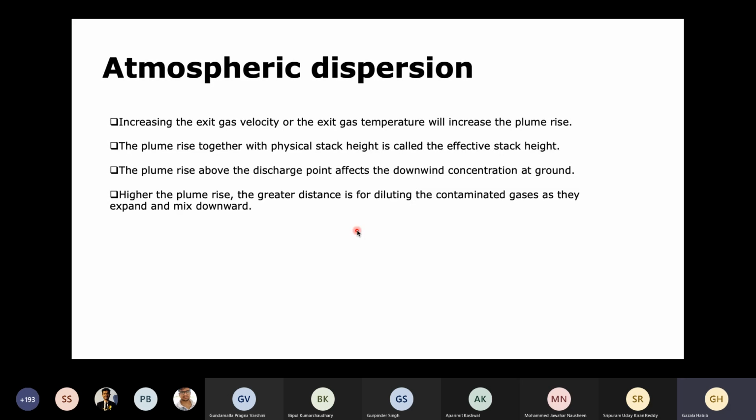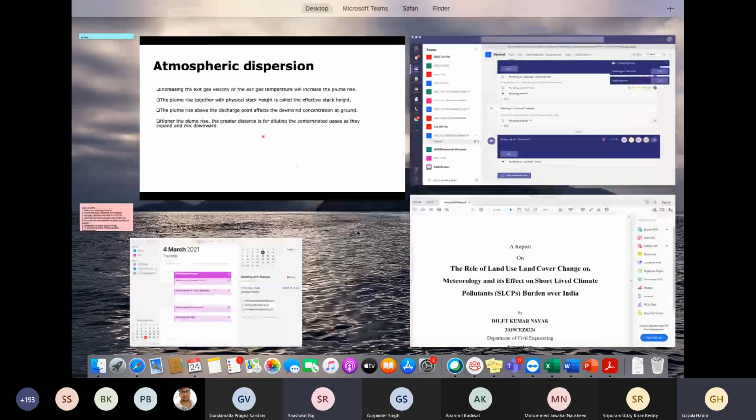Say a brick kiln where the chimney height is, say, 100 meter. Okay, and they are burning some biomass fuel which is like agricultural residue. Okay, and there is another thermal power plant which is burning coal.